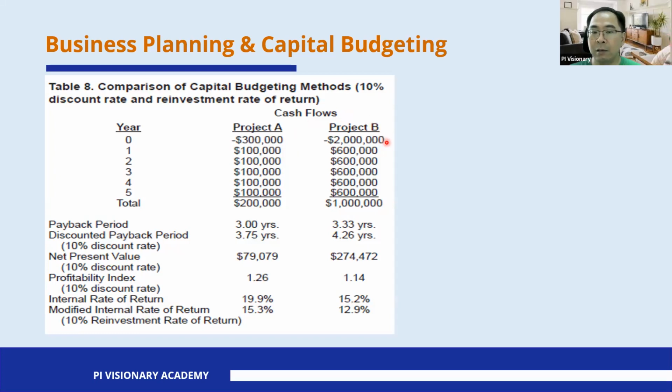You buy, it is 2 million. You sell, it is 300,000. So just for illustration purposes, you've got the payback period, discounted payback period, net present value, profitability index, IRR. So project A and project B tell you the financial calculation.